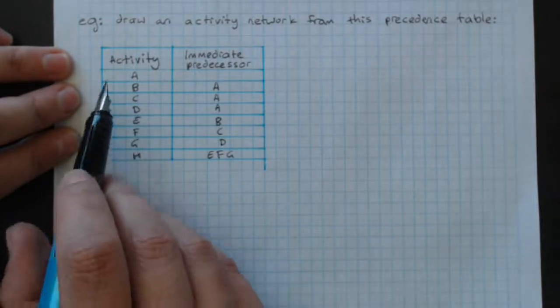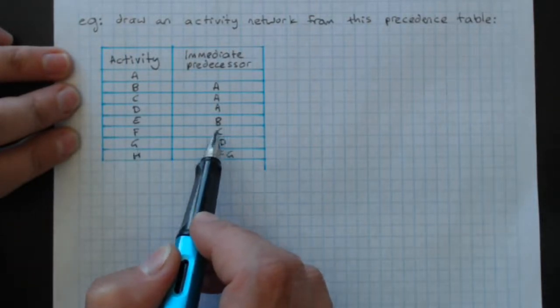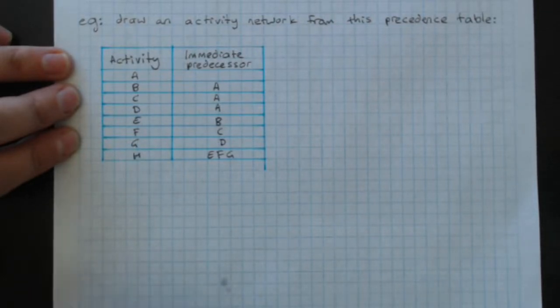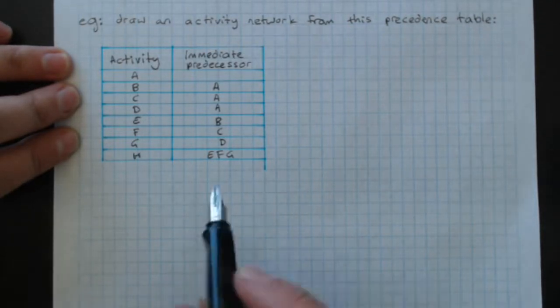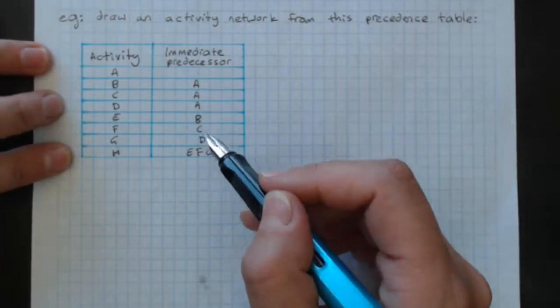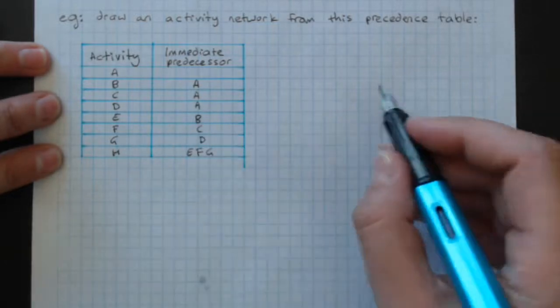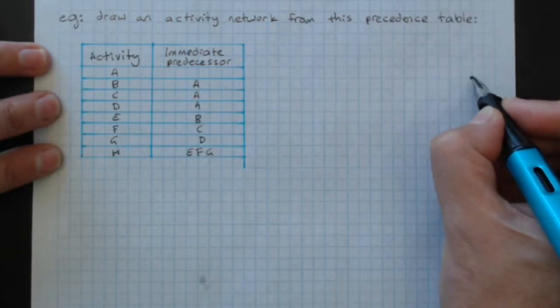So C is an immediate predecessor for F. So we start putting together this information. This one will start from the back because we can see that H is not an immediate predecessor for any other activity. Nothing's relying on H, so that will lead to the finish.